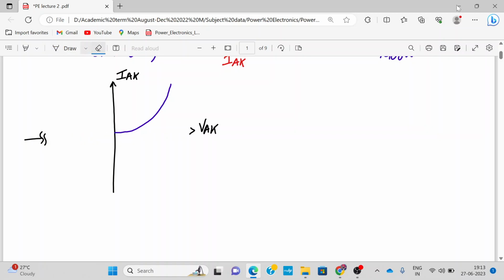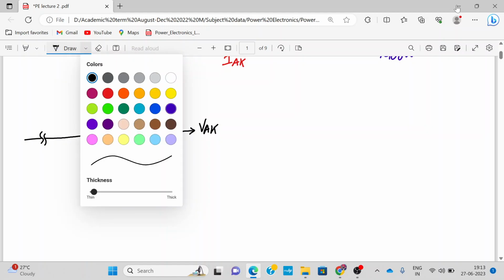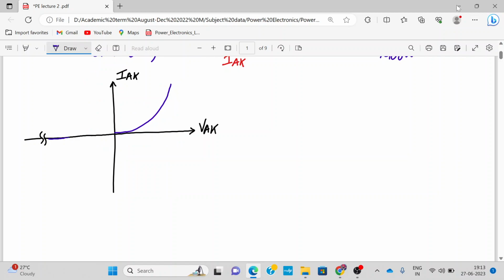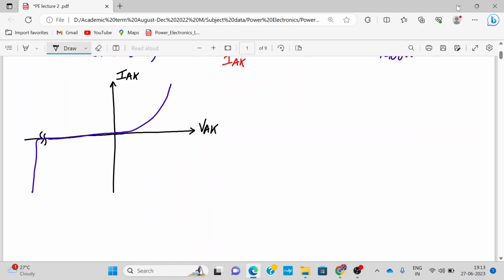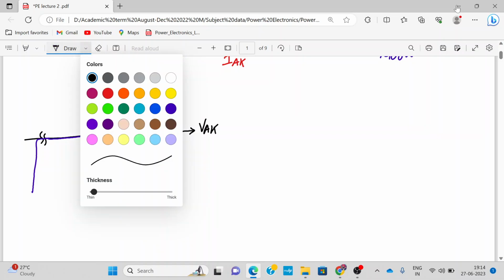We have a reverse saturation current till that range. So let me draw over here. The current is very small, almost on the x-axis, and then once the reverse breakdown is reached, it will sharply increase. Okay, so that's the real IV characteristics of a normal rectifier diode.